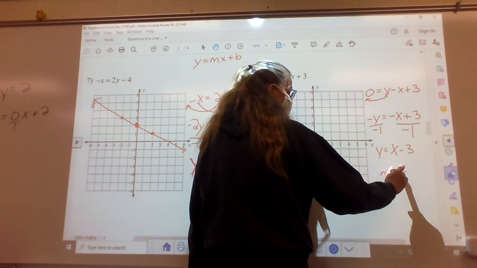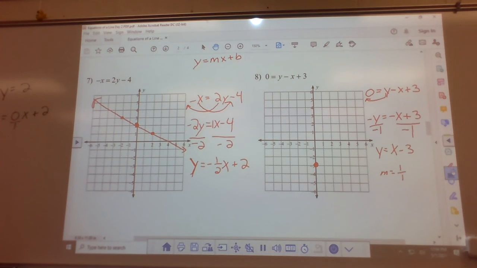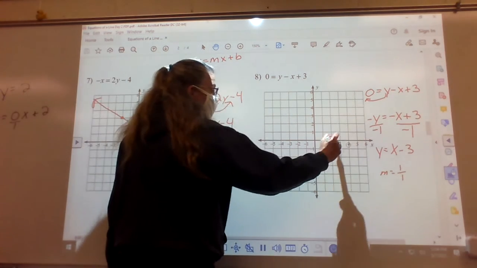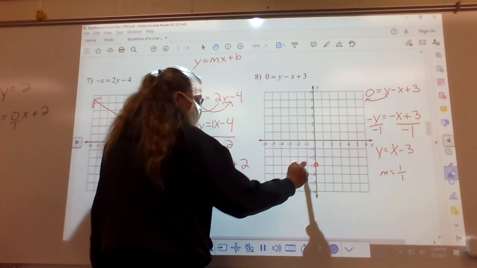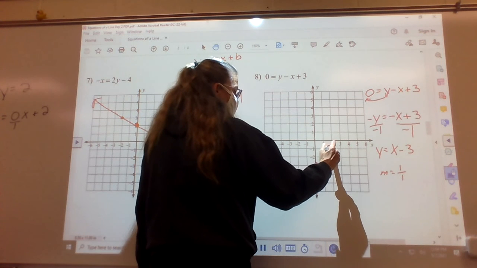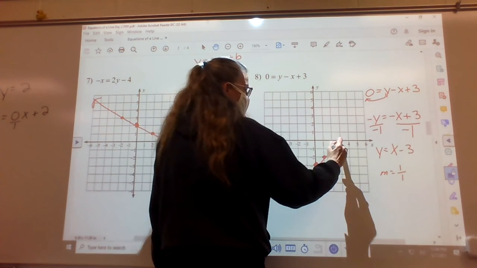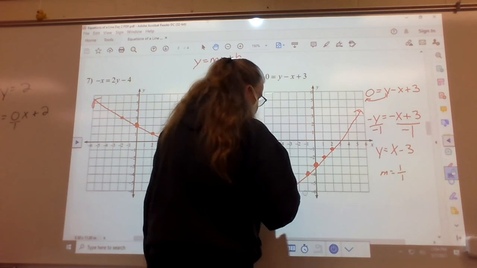But think of it as 1 over 1, because I always think of slope as a fraction. That way I have a rise and a run. So rise 1, run 1. It's a positive 1, 1. So it's got to be going this way. So 1, 1, 1, 1. I'm going to do a couple of them just so I get a straight line. There's my line.